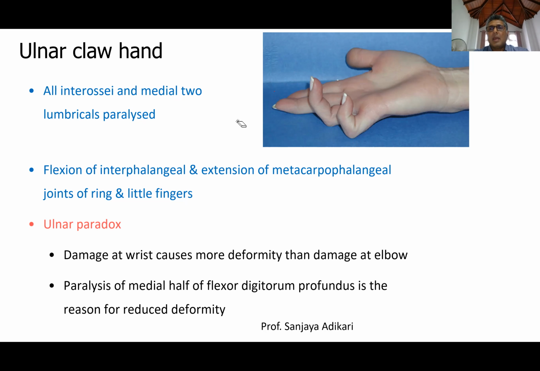But in ulnar claw hand, if the damage to the ulnar nerve is proximal rather than distal, the clawing of the hand is less, the deformity is less. The functional loss would be more, but the deformity is less. The reason is that now the medial half of the flexor digitorum profundus is also paralyzed, because the damage is proximal.